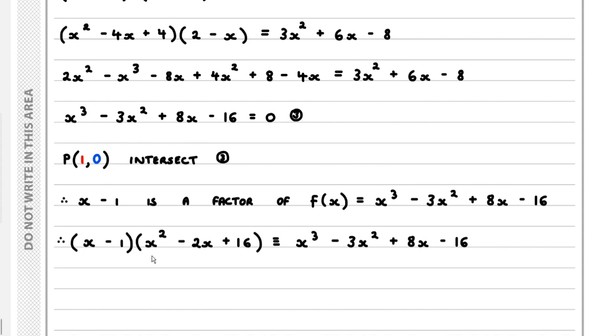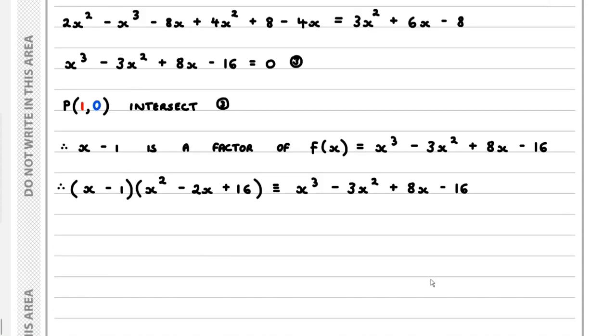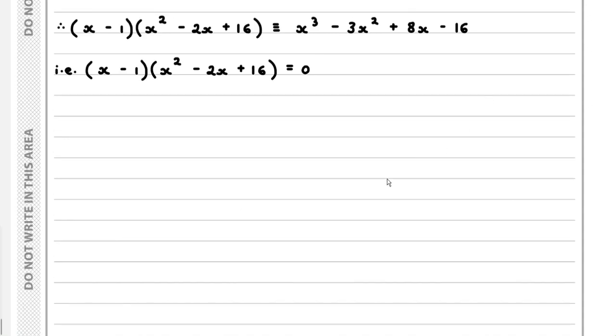So I've got x subtract 1 multiplied by x squared subtract 2x plus 16 being equivalent to x cubed subtract 3x squared plus 8x subtract 16. Now, if I set this equal to 0, because this equation is equal to 0, then I've got x subtract 1 multiplied by x squared subtract 2x plus 16 equals 0. I know that one of my solutions is x equals 1.